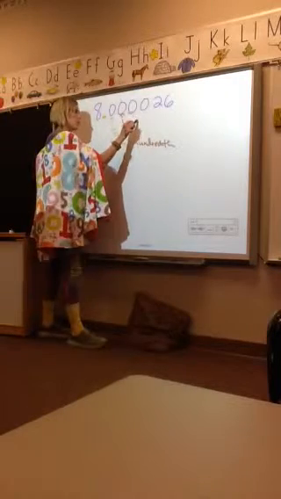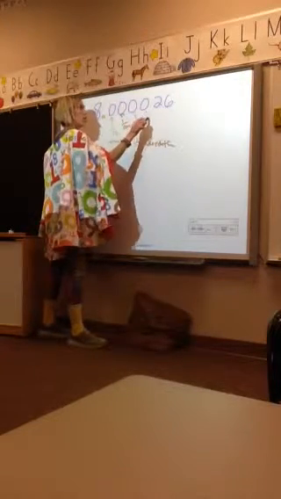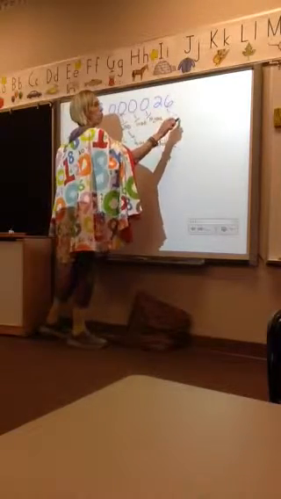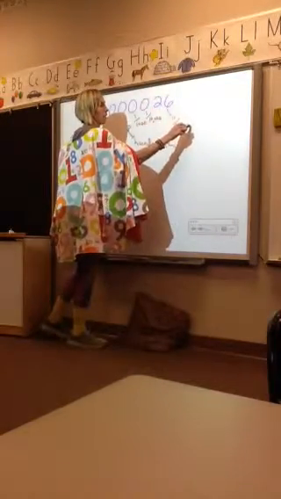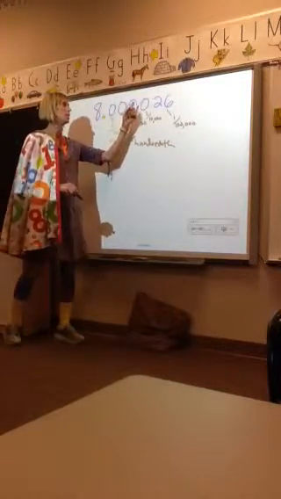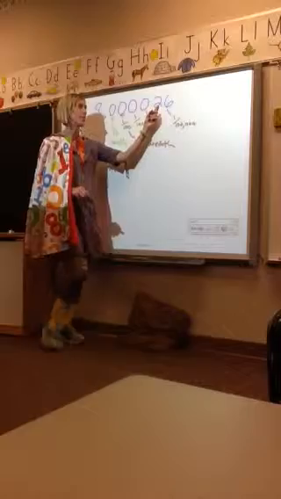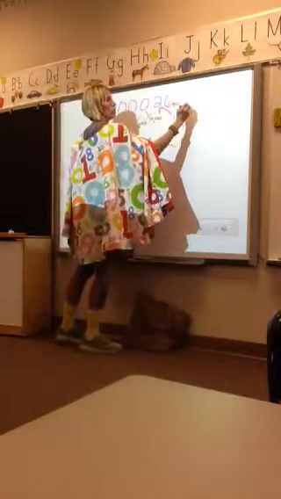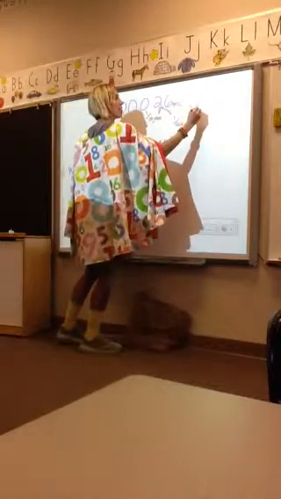Then I'm at 1,000th. And then I'm at 1/10,000th. And then I'm at 1/100,000th. Okay? 10th, 100th, 1,000th, 10,000th, 100,000th. That should be pointing to the 2. And the 6 takes us to 1,000,000th.